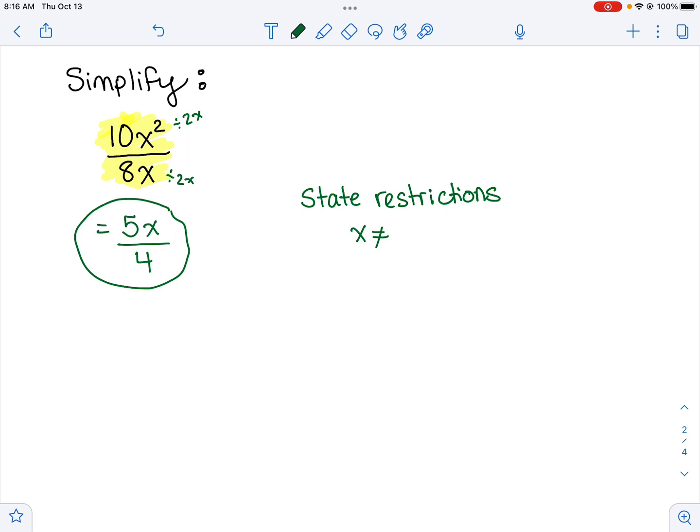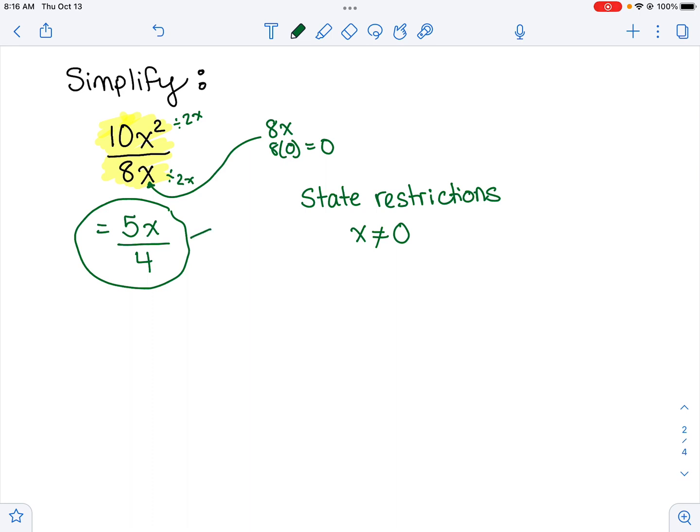If you were to sub values in for x, you can never sub 0 in for x. And why is that? Because at one time there was an x in the denominator. So if you subbed a 0 in for x, your expression down here would equal 0. And we never want 0 to be in the denominator.